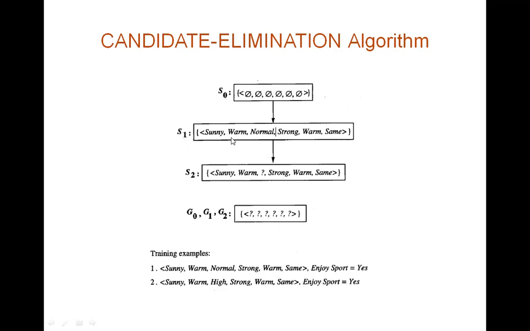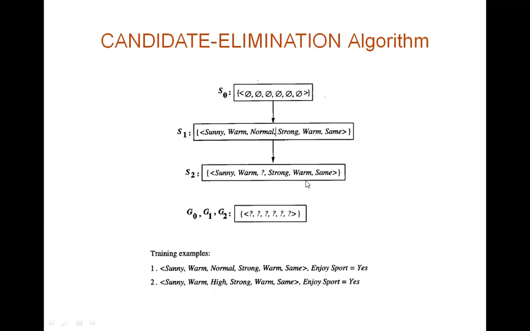If you come to S1, here it is normal. In S1, it is high water temperature. So this S1 is not consistent with this second example. We shall remove this S1 and write a new hypothesis S2, wherein sunny, warm, and we'll put a question mark here because normal and high, two different values, are there.